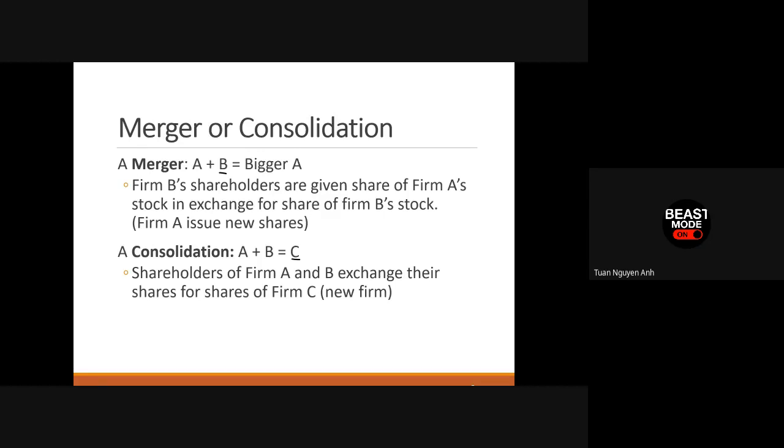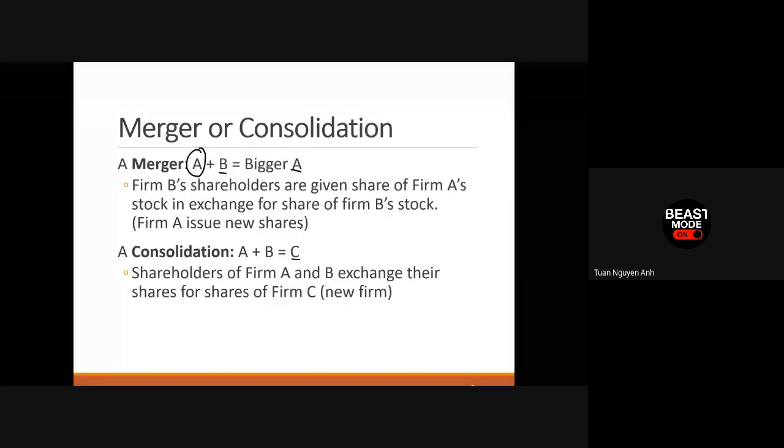Only the name is changed, and of course if the name is changed there is some voting right or some authority that is changed between the bigger A and C. Of course the bigger A has more rights compared to the shareholders of B. Maybe the shareholders of B are given the shares, but maybe they are not given the rights. But in the consolidation, maybe the rights and the number of shares stay the same or in proportion.